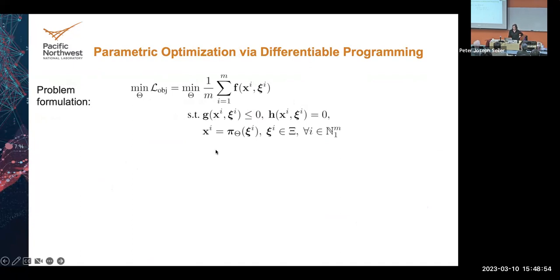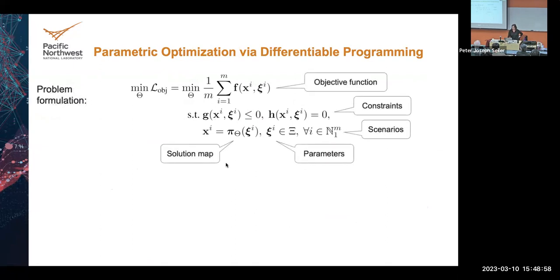So say you have a parametric optimization problem like this one, where you're looking for a solution map, which is basically your control policy, parameterized control policy by parameters theta, and you would like to find a solution that is good under all the possible scenarios defined by these epsilon i. You have constraints, you have objectives.